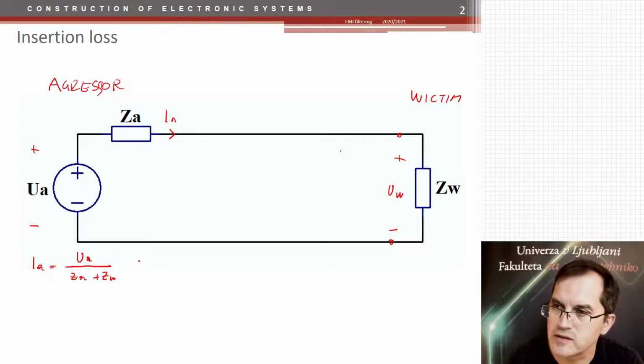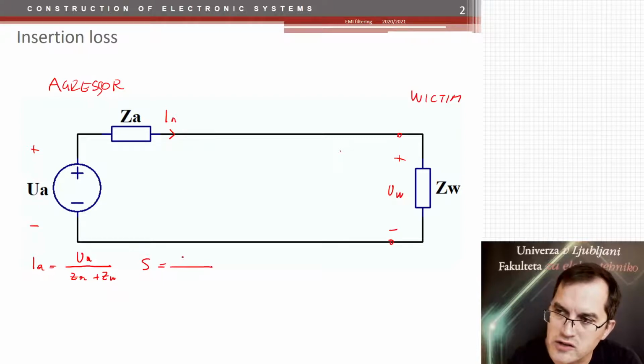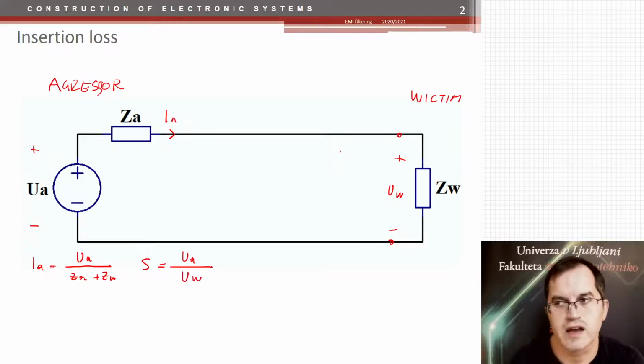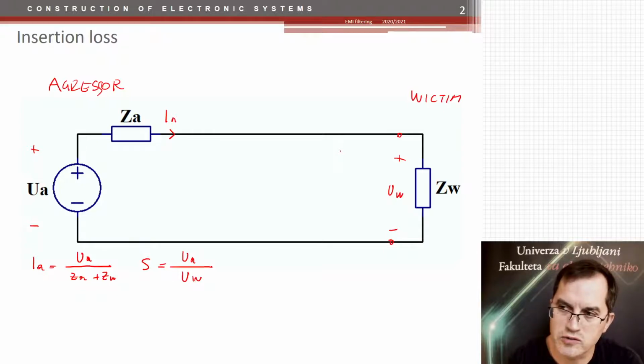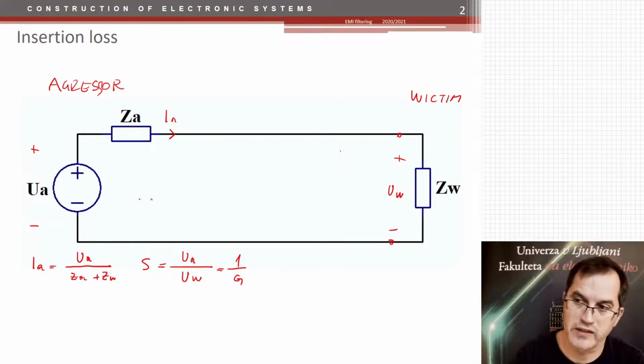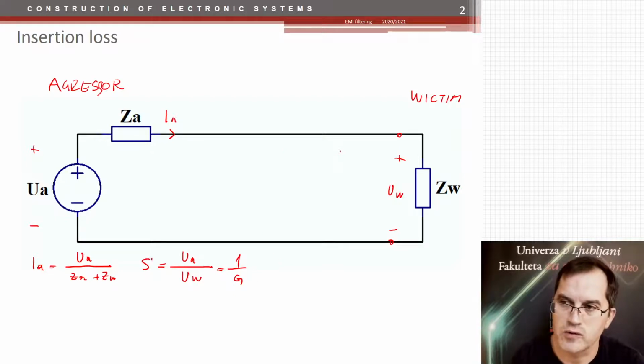The attenuation factor S is defined as the ratio between the aggressor voltage divided by the victim voltage. If the aggressor voltage is large and the victim voltage very low, then the suppression is very large. So large suppression means low victim voltage. It's the opposite of the gain, 1 over gain. The gain would be the victim voltage divided by the aggressor voltage, and the gain would then be less than 1, and of course the suppression factor would be more than 1.